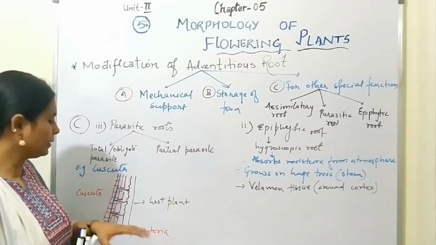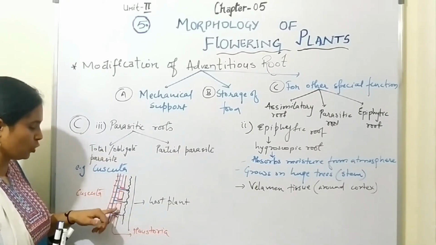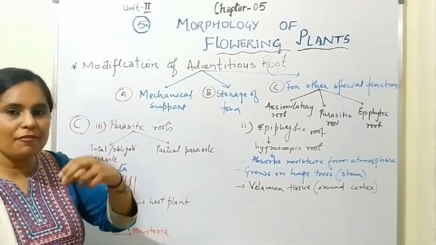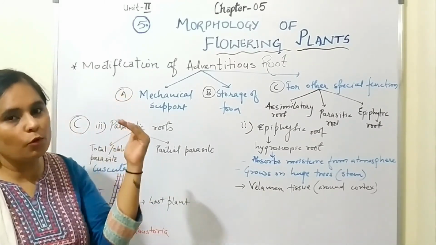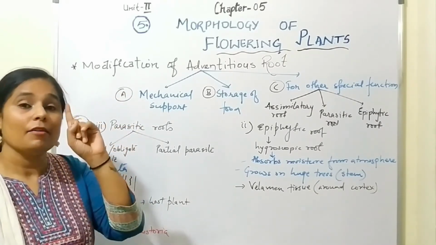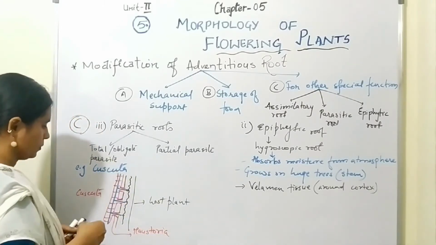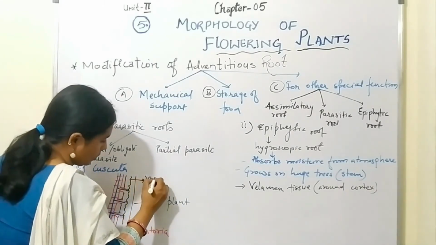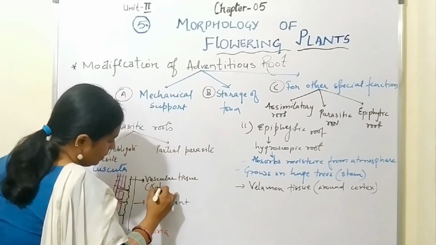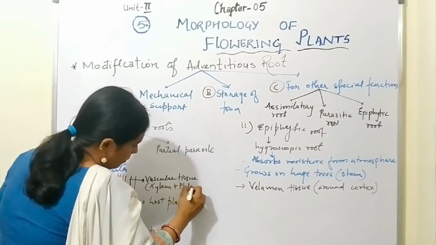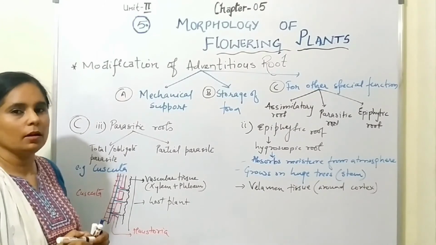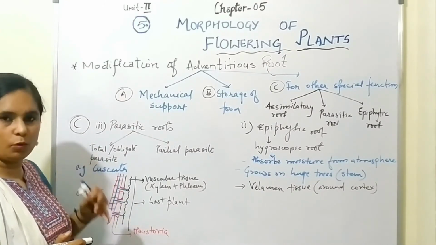They are connected with the host plant by a structure called haustoria. Through the haustoria, the xylem and phloem of the parasitic plant move into the host plant and get connected with the vascular tissues, that is xylem and phloem, and that keeps on withdrawing the nourishment and water from the host plant.